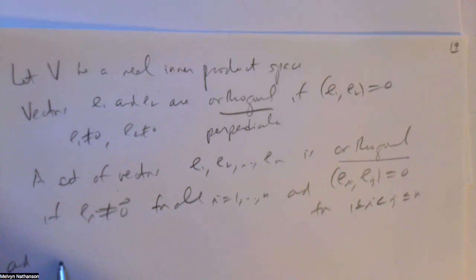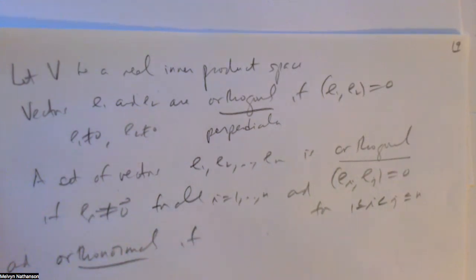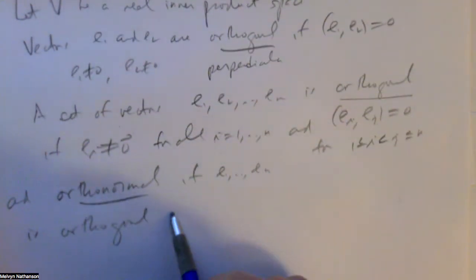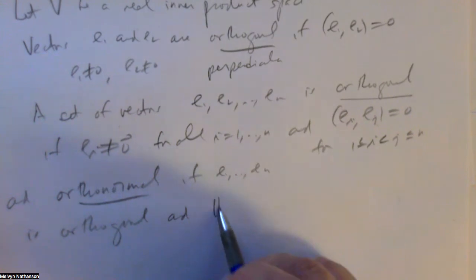And we say the set of vectors is orthonormal if E1 up to En is orthogonal. So these are non-zero vectors that are mutually perpendicular, and they all have length 1.